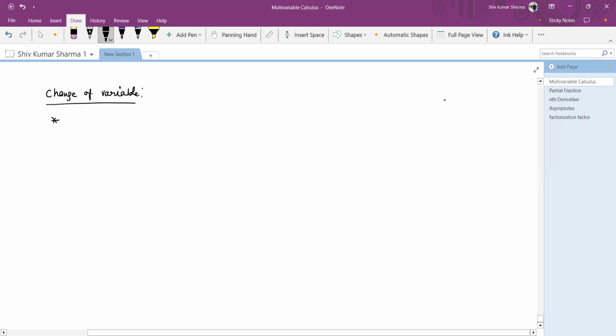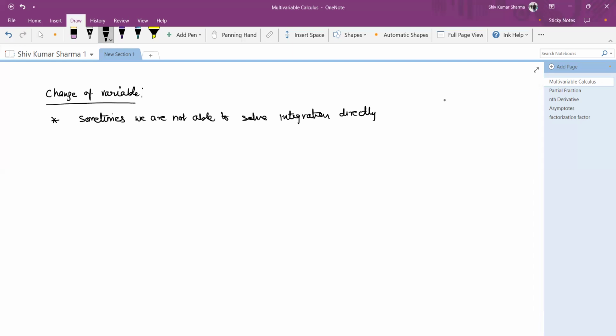So we use the change of variable. That is, sometimes we are not able to solve the integration directly, so it can be solved by using change of variable.